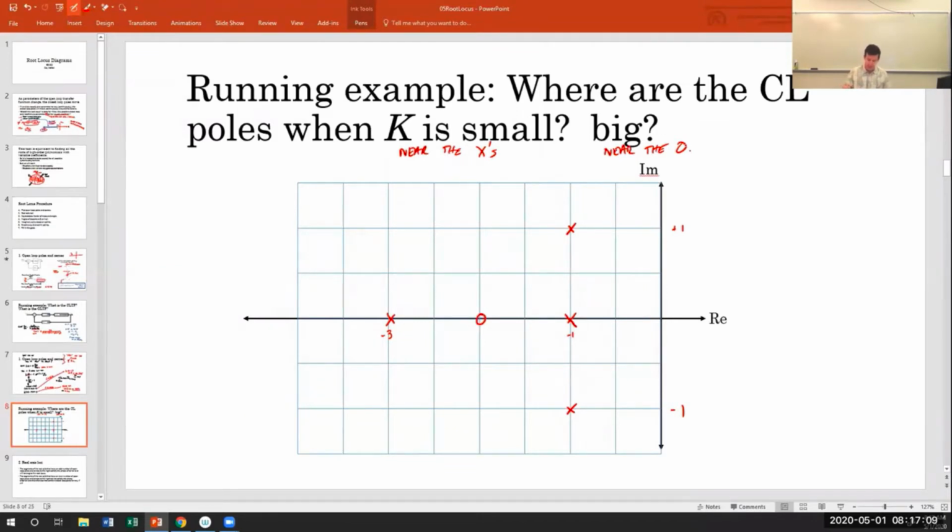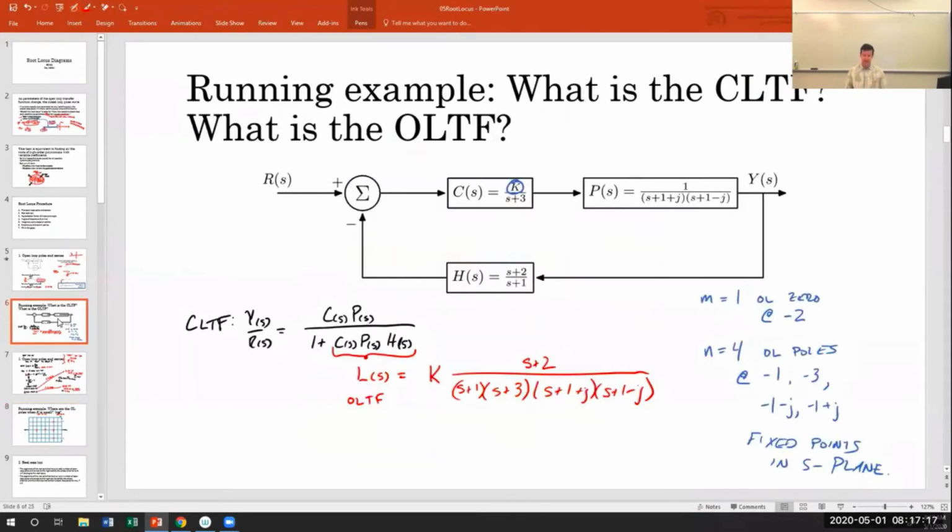How many closed loop poles are there? If you go back to this slide, what is the order of this closed loop system? Would it be 4? That's right. The L of s is going to have a 4th order denominator, and if you move that over to the 1, you add a 4th order polynomial with a 1st order polynomial, which is a 4th order polynomial.